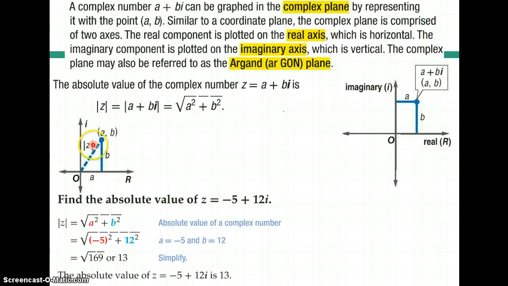Absolute value is the distance from the origin. The two numbers are a and b, so the distance from 0 to the point a, b is the absolute value of z, which is equal to the square root of a squared plus b squared.